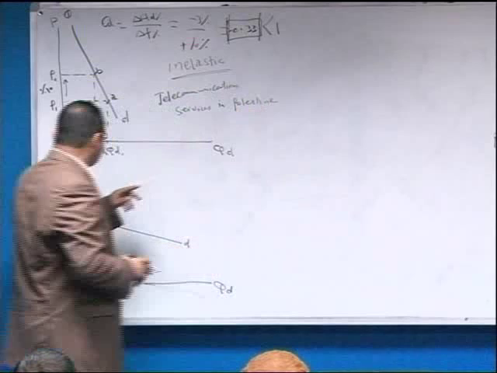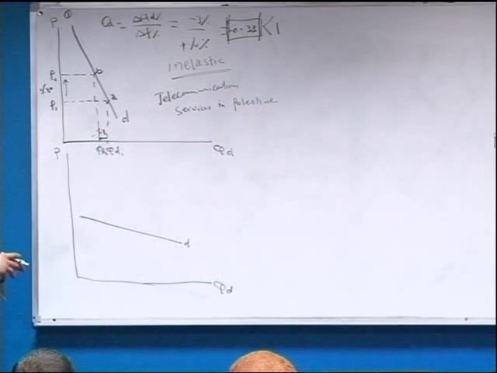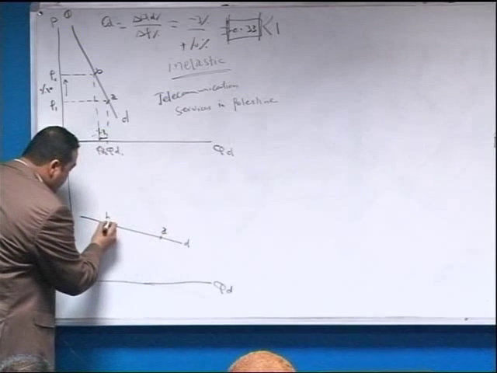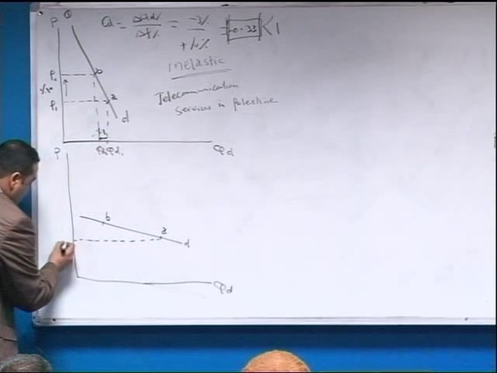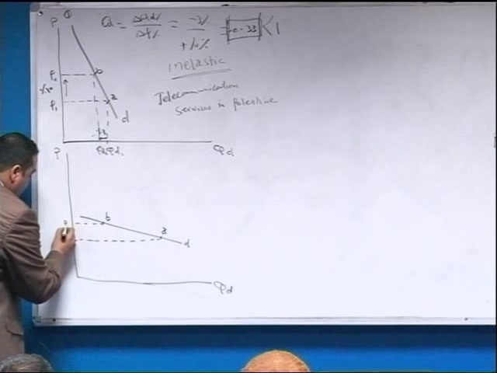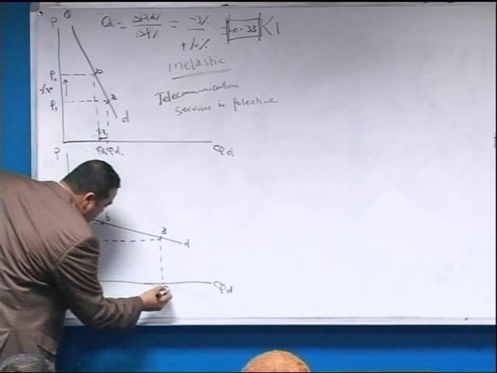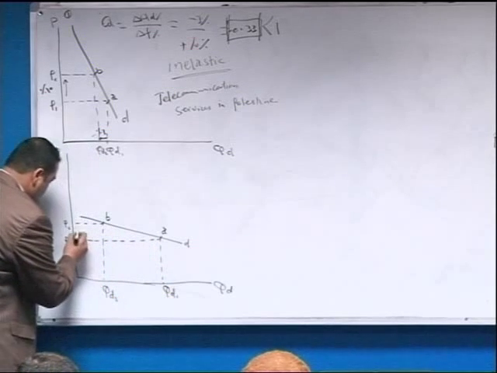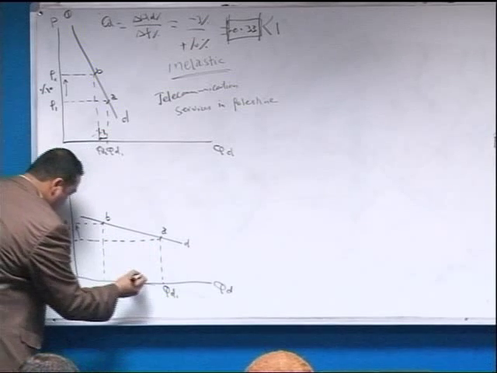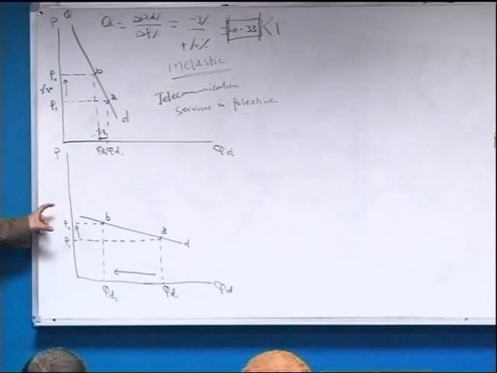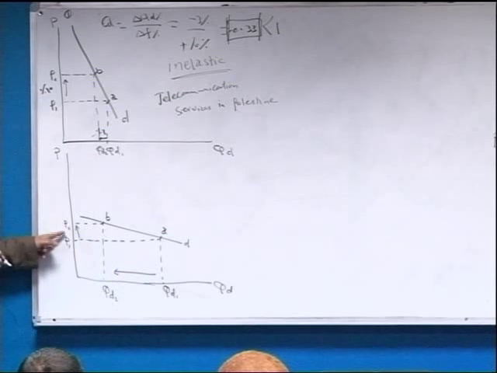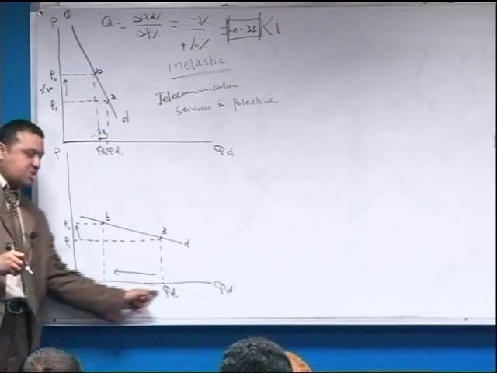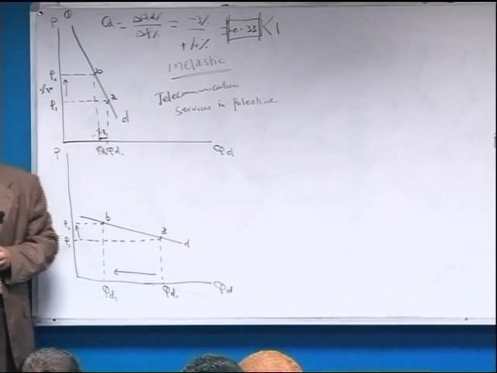Okay. In the second case, A, B, P1, P2, QD1, QD2. As you see, the percentage change in the price is less than the percentage change in the quantity demanded, so it would be elastic.